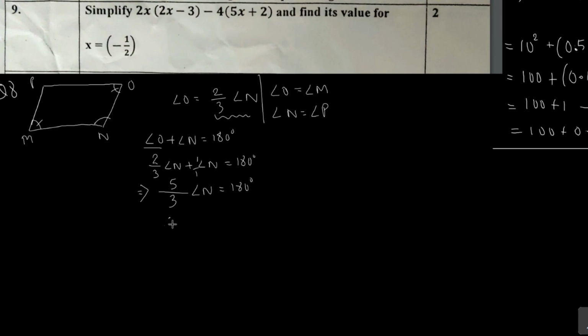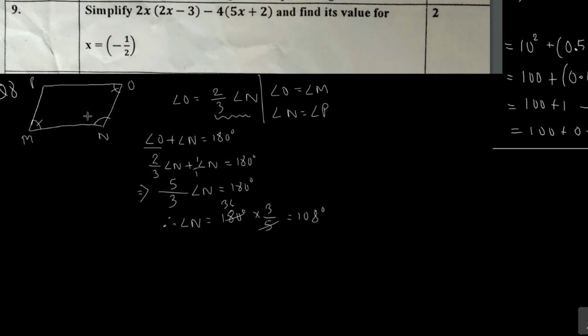Hence angle N would be 180 degrees multiplied by 3 upon 5, and this would give me, oh sorry, I think I made a mistake. So 10 times 18 is 180, divided by 5 is 36, 36 into 3 is 108 degrees.